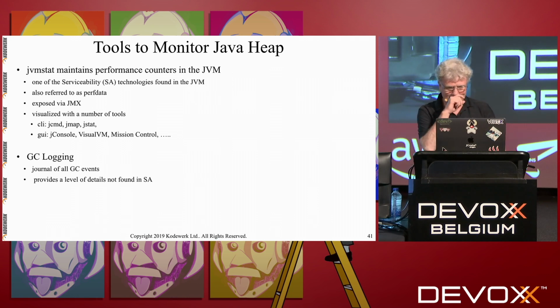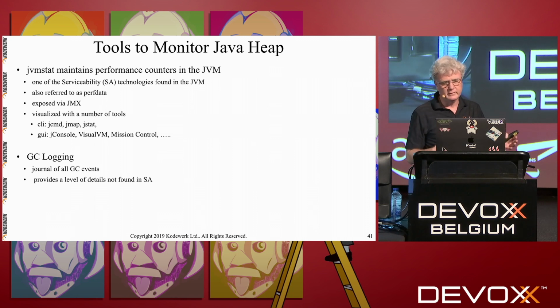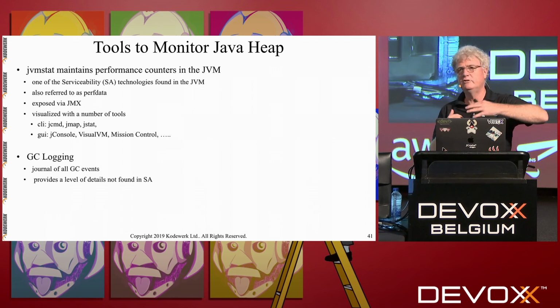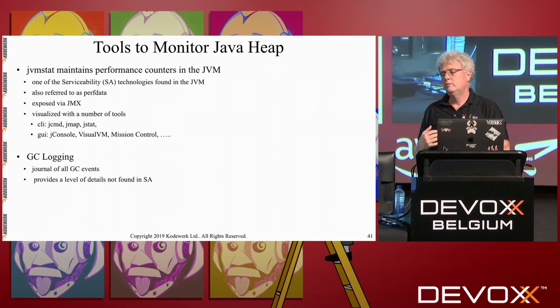The difference between the data you get from serviceability as opposed to the data you get from GC logs is that you can consider a GC log to be a journal of all the activity that happens. Whereas when you look at serviceability, I'm polling for current state.